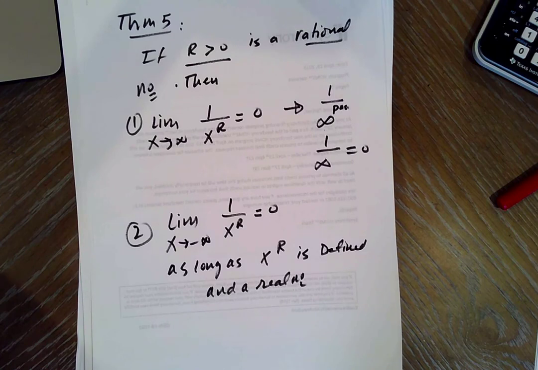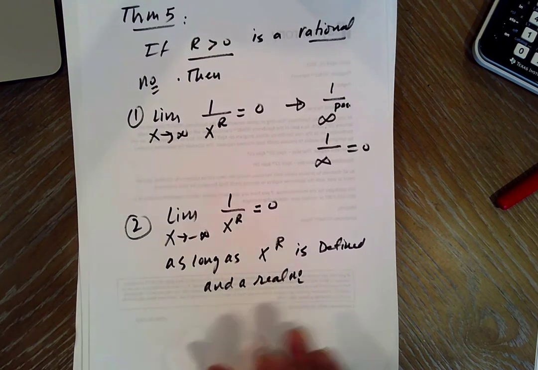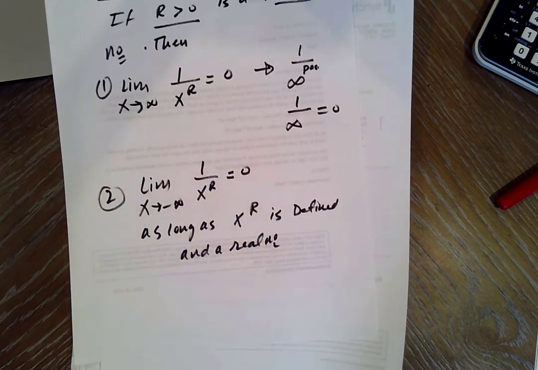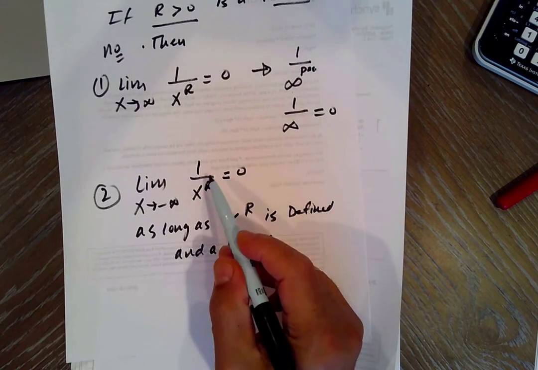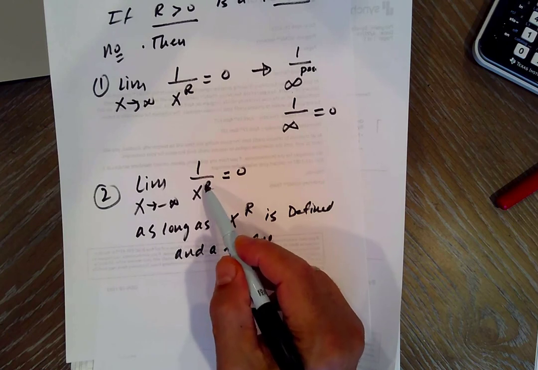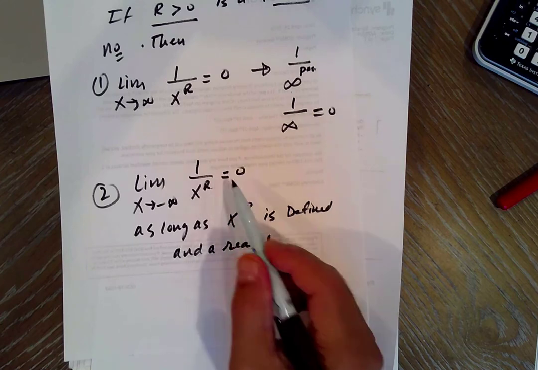Let me see, I think I made a mistake here. So the second one, if you have negative infinity and then you move it up, that's not going to be right.